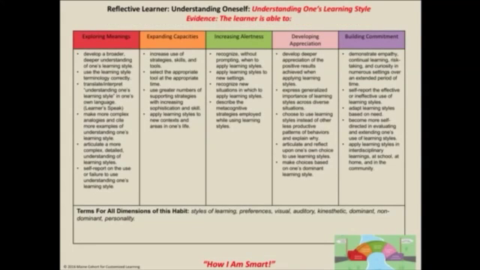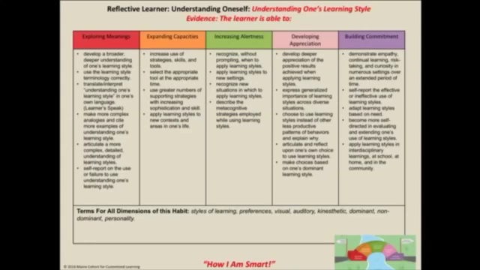The second summary slide includes the evidence that one might see when we are behaving at a particular dimension level. So teachers indicated they wanted a summary slide that just showed evidence of when a learner is at a particular dimension.